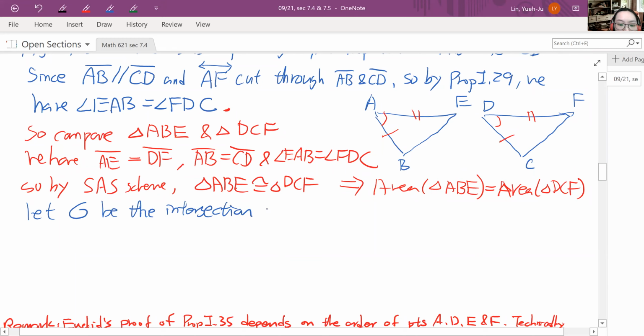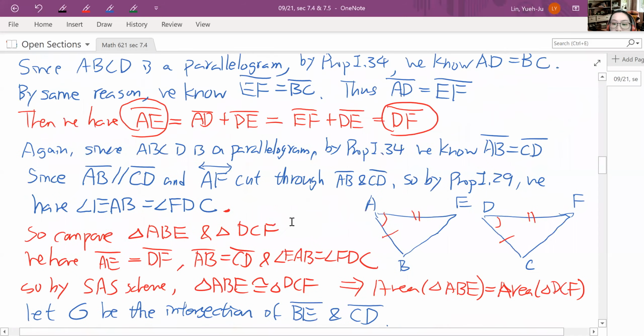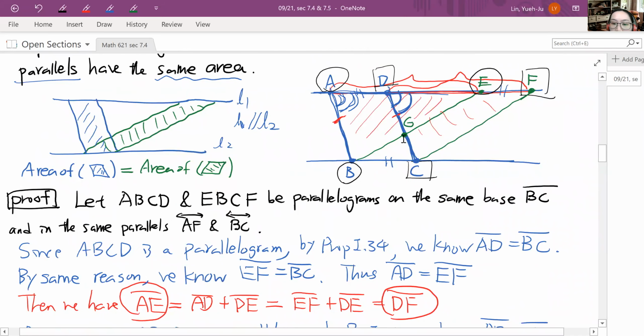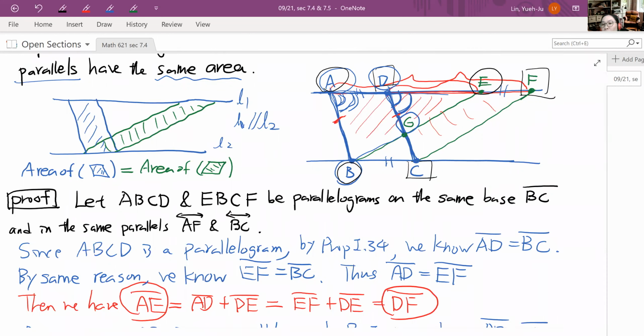Now I want to see the area of ABGD, the part that doesn't overlap. You can see that the two triangles overlap on the middle triangle, so I want to see that the parts outside the overlapping triangle have the same area.